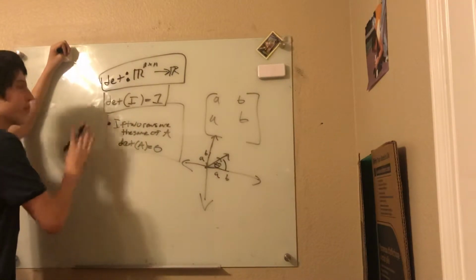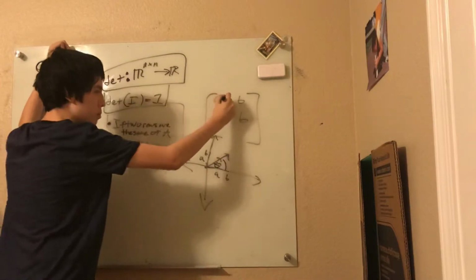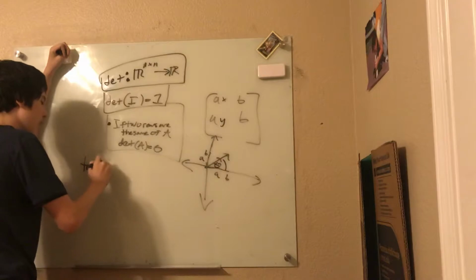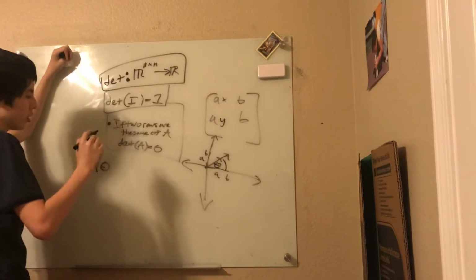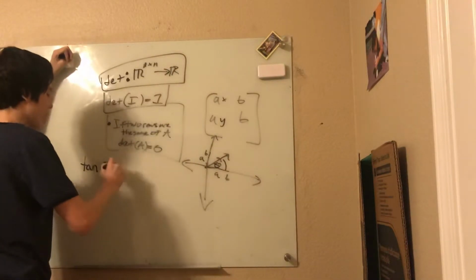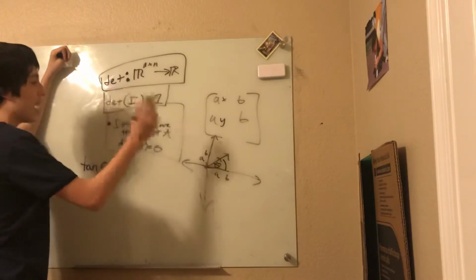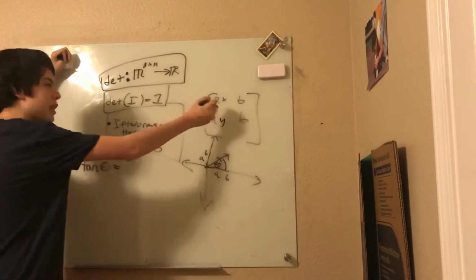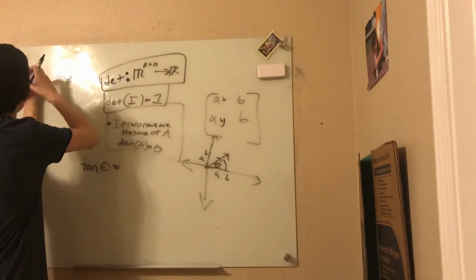So notice how this is the x component and this is the y component, right? And we notice that the tangent of theta of an angle of a triangle is going to be equal to the opposite side over the adjacent side, right? And we'll say the adjacent side is x and the opposite side is y.